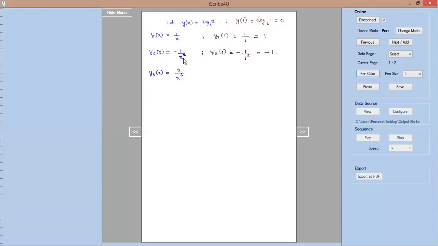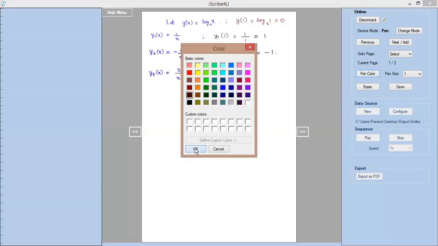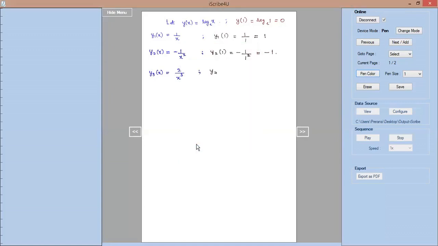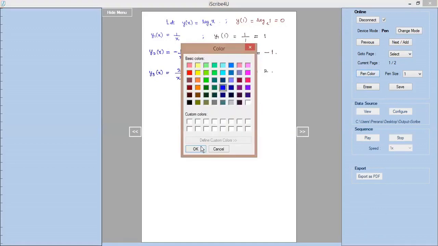So x power minus 2 we will have, differentiation of minus x power minus 2 will be plus 2 into x power minus 3, which comes to the denominator and gives us 2 divided by x cube. So this is how we obtain y3 of x. Now at the given point we will find out y3. So y3 of 1 is equal to 2 divided by 1 cube, which is nothing but 2.